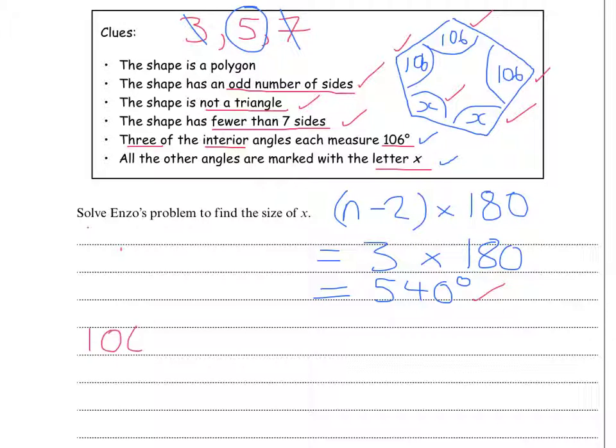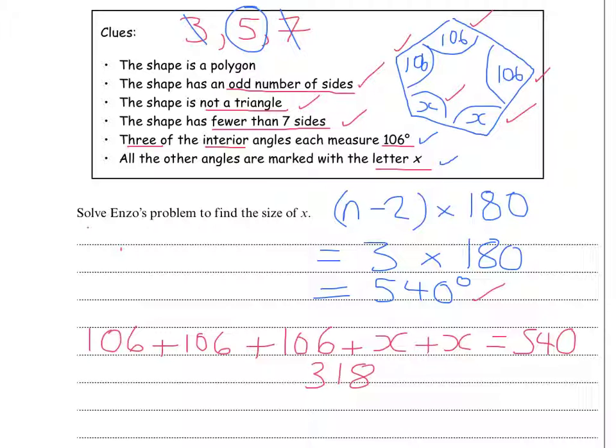So 106 add 106 add 106, add my x and my other x, gives me 540 degrees. Adding up my 106's, I've got 3 lots of them, so that gives me 300, and 3 6's are 18. X add x gives me 2x, and they add up to 540.